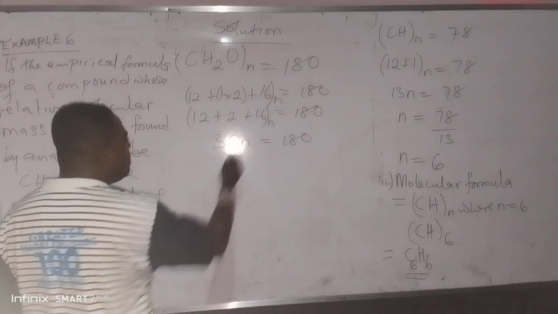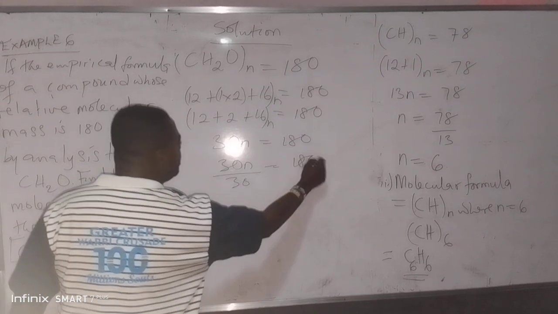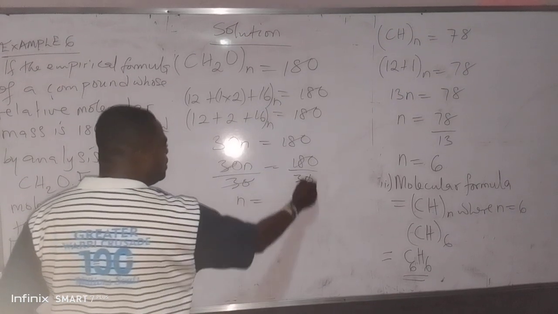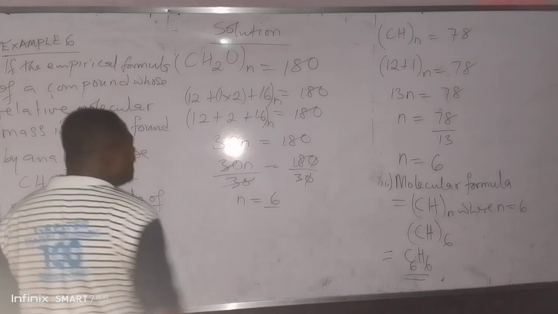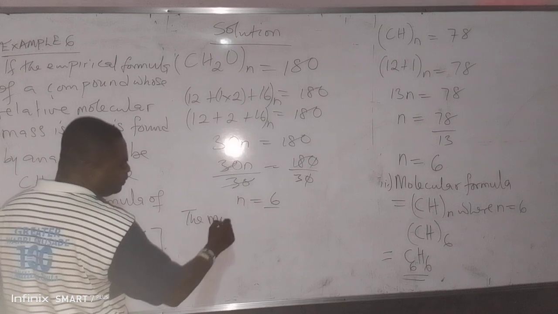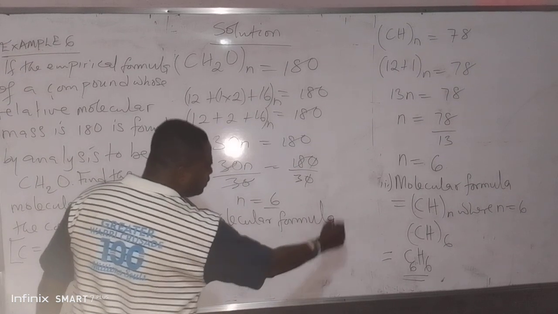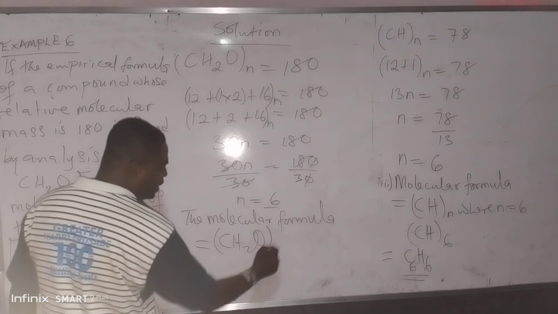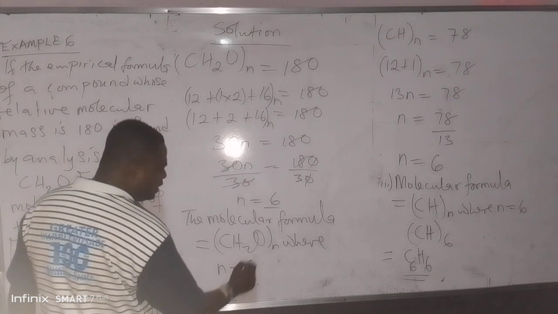So we divide both sides by 30. We have 30n over 30 equals 180 over 30. The 30 cancels out, and n equals 6. So now, coming back, the molecular formula will give us (CH2O)n, where n is 6.